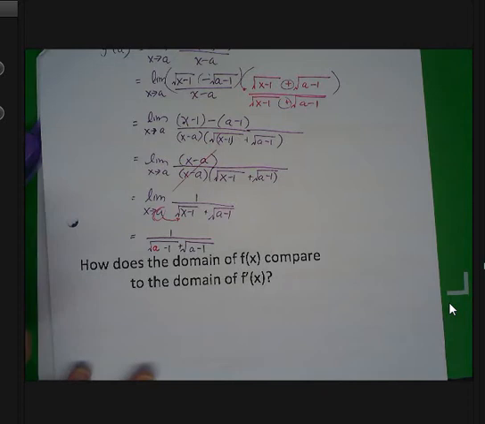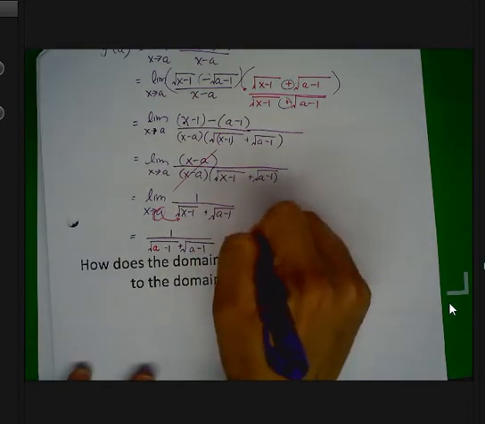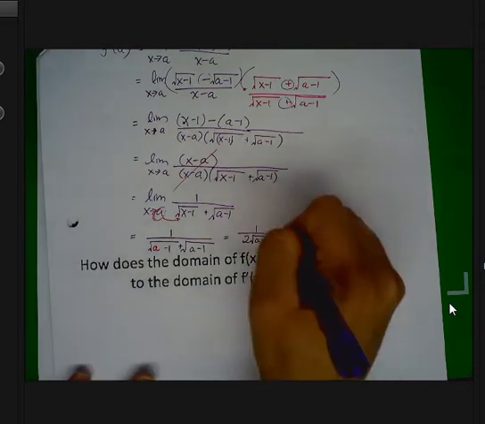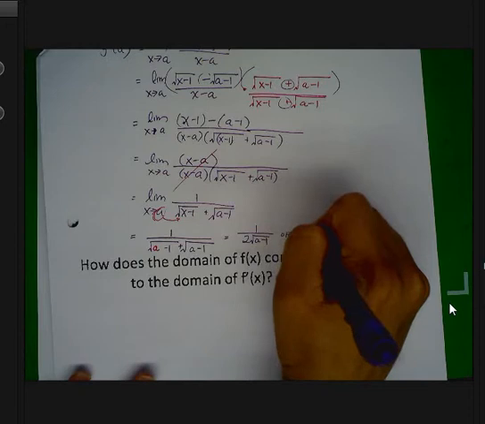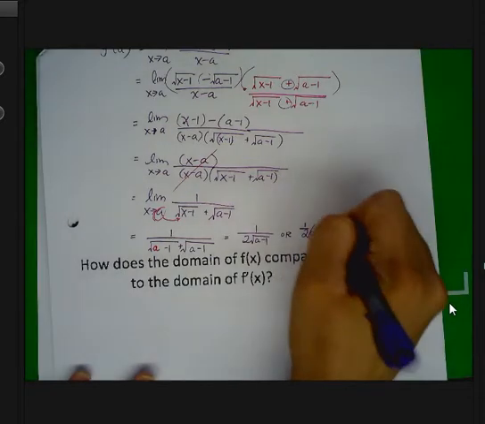And so that is going to be 1 over 2 times the square root of a minus 1. And that's going to be our answer. Or you could say 1/2 times a minus 1 to the negative 1/2.